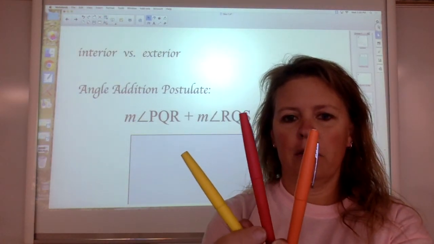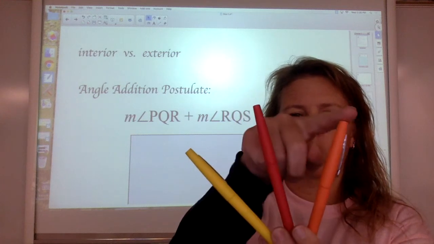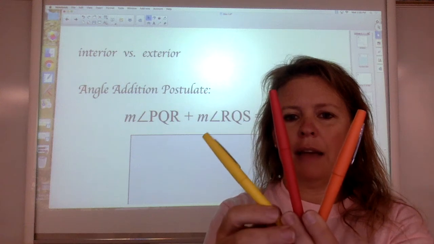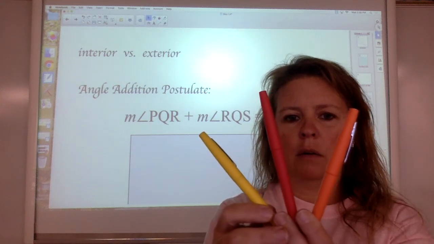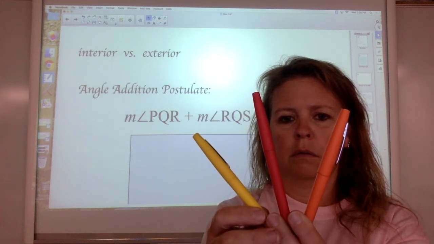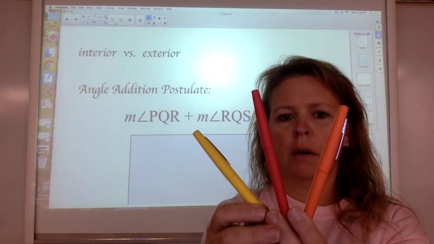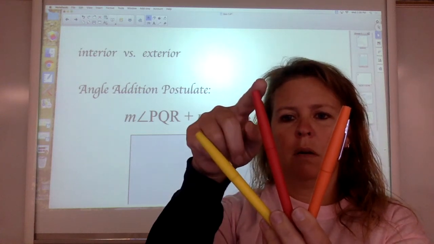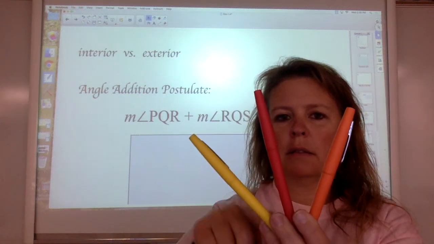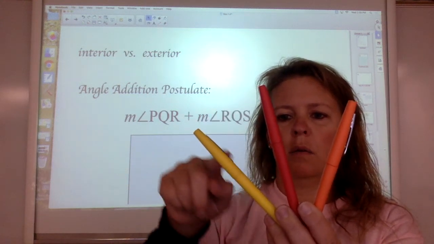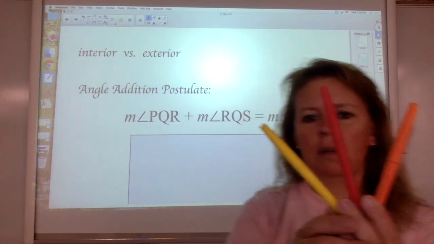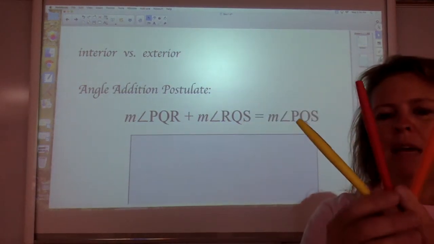If I have the measure of angle PQR, we'll call orange and red PQR, and I add that to angle RQS, here's PQR, here's RQS. The Q is still the vertex. When I'm done, it will equal the measure of angle PQS.